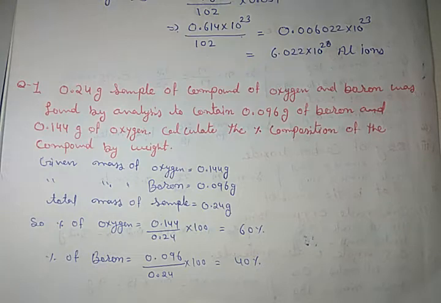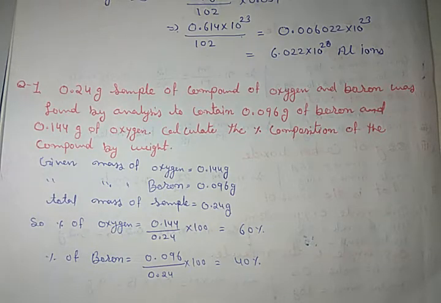In this question, there are three values: the amount of boron in the sample, the amount of oxygen in the sample, and the total amount of sample. That means the mass of oxygen, the mass of boron and the total mass of the sample are given.